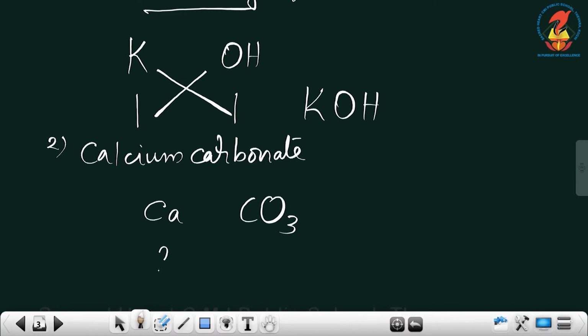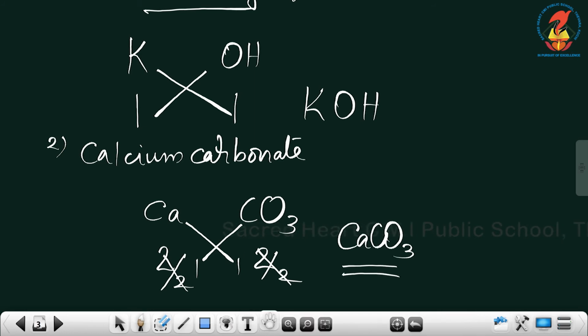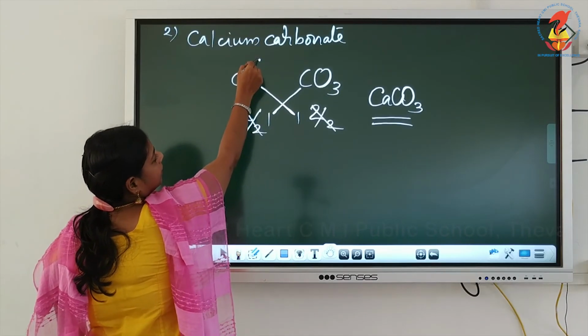And the valency for calcium is 2, and for carbonate, if you don't know, go through the table and tell me, what is the valency for carbonate? Yes, it is 2. So, there also a common factor is there. After dividing, you will get 1 each. So, the formula is CaCO3. This is the formula for calcium carbonate.